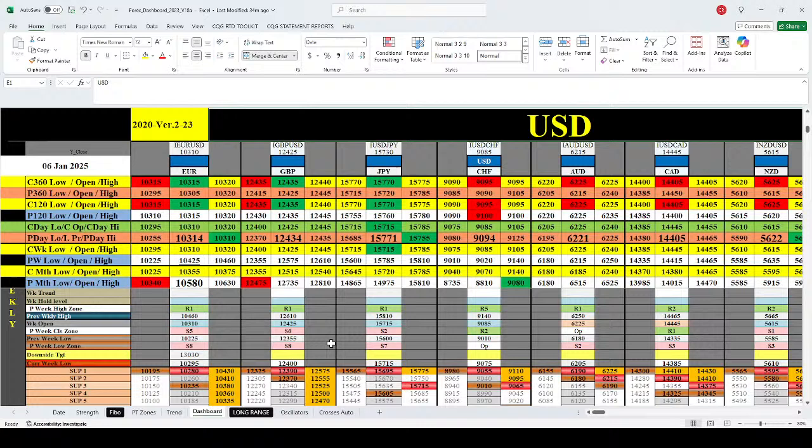And remember your weekly SR2, that is 12550 and 12570. So in other words, we are not expecting beyond 12570 for this week.